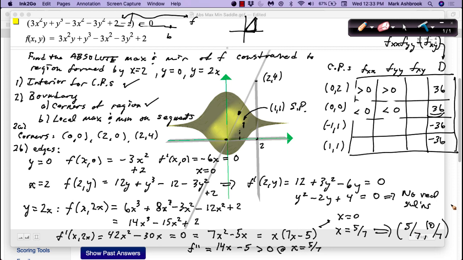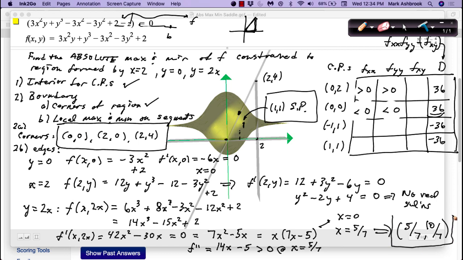How many total candidates did we get? I think just 4, right? We could include the saddle point 1, 1 in there, but we argued that it doesn't belong. So the candidates are the corners and our local min along the edge y equals 2x.